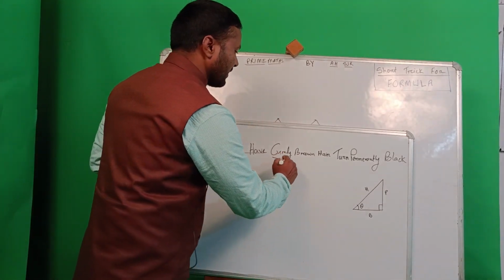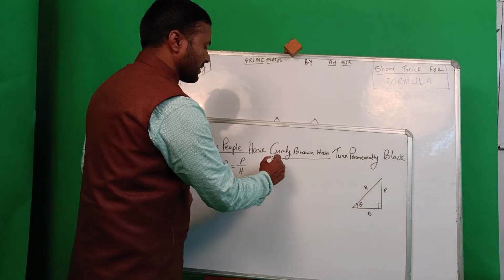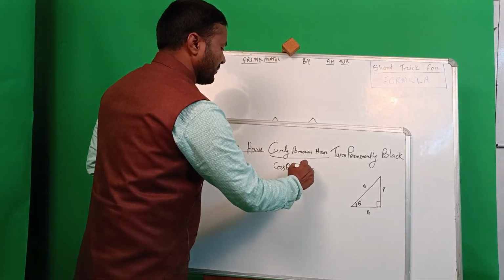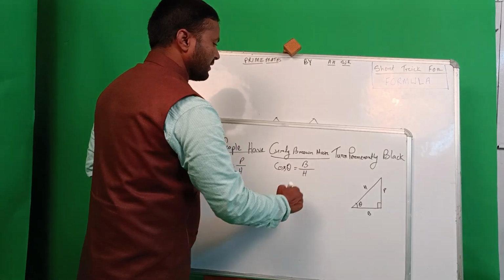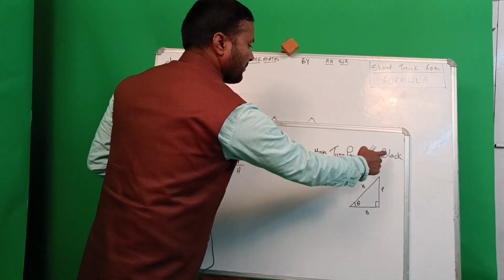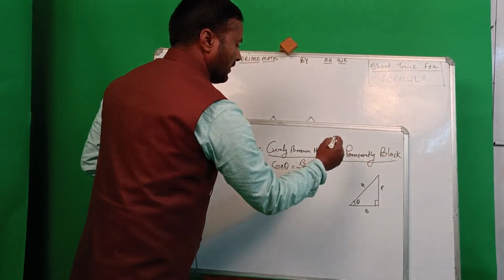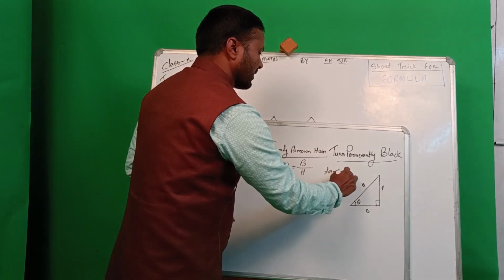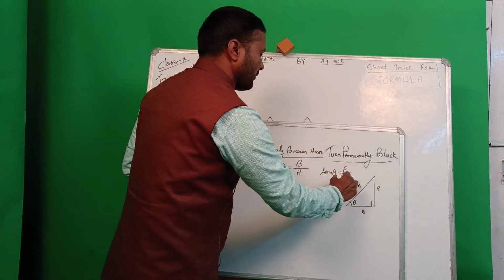Then "curly brown hair", three words: C is for cos theta equal to B by H. Next, "turned permanently black": tan theta equal to P by B.